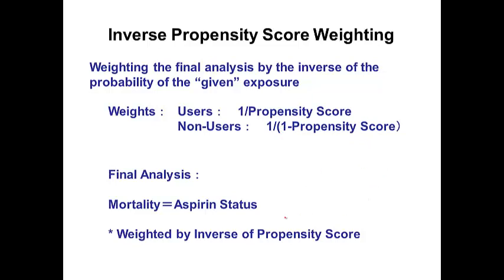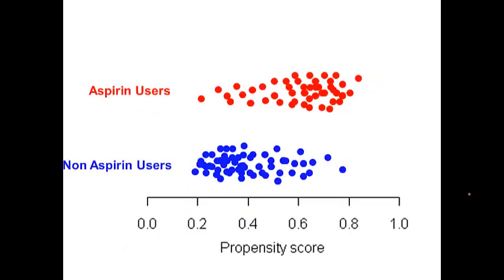For the final analysis, you conduct Cox regression, mortality is the outcome, aspirin is the exposure variable, okay? And we don't adjust for the propensity score. Instead, we weight this Cox regression by the inverse of the propensity score. So let me explain how the weighting works. This is a graph where I plotted each patient's propensity score for users and non-users. Red is users and blue is non-users.